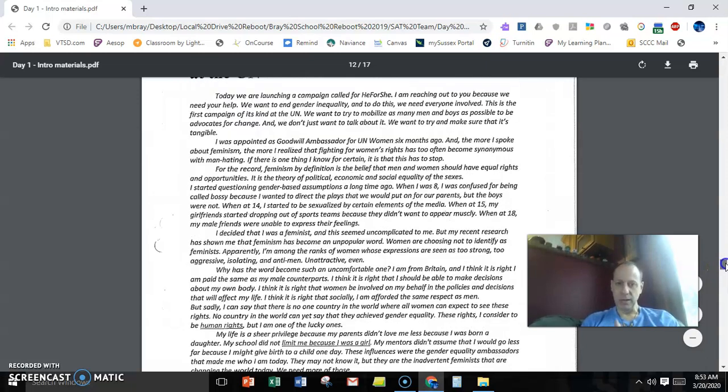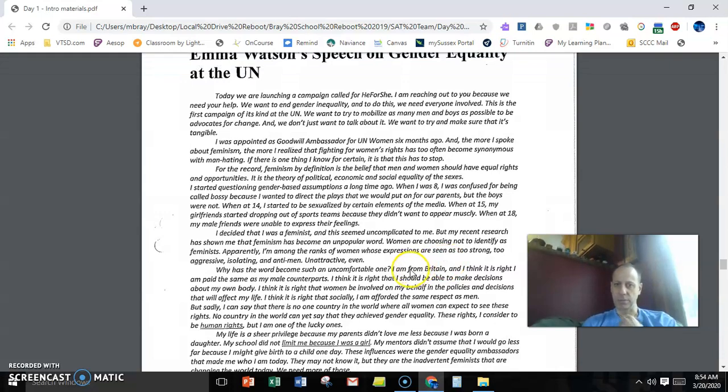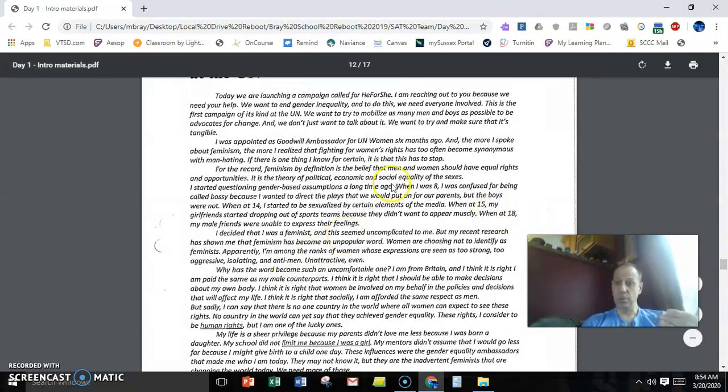The second thing you might notice is there are several anecdotes where she is talking about stories, particularly ones that happened to her, in order to prove a point, as well as this parallel structure, or parallelism, where she's going through when at 8, when at 14, when at 15, when at 18. She's using this growing up a victim of sexual discrimination, and she points out that it's not just women, it's also men.